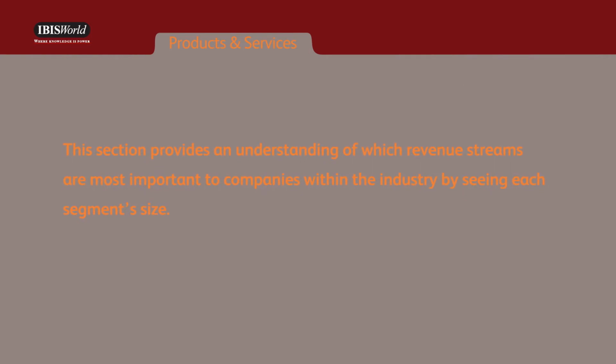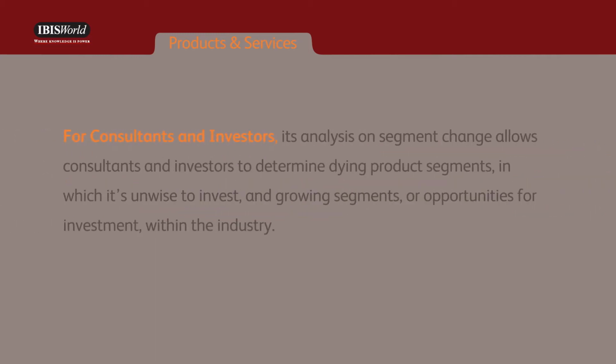This section provides an understanding of which revenue streams are most important to companies within the industry by seeing each segment's size. For consultants and investors, its analysis on segment change allows them to determine dying product segments in which it is unwise to invest, and growing segments, or opportunities for investment within the industry.